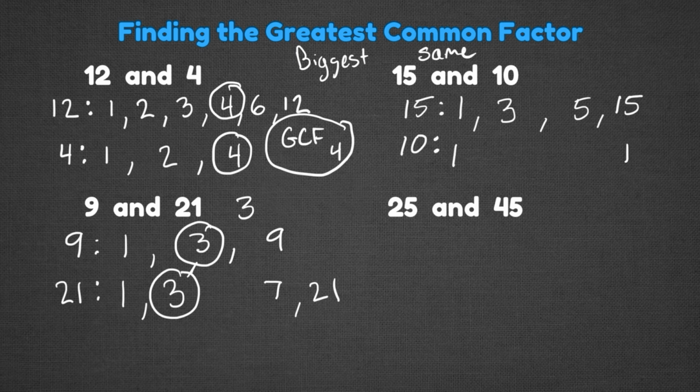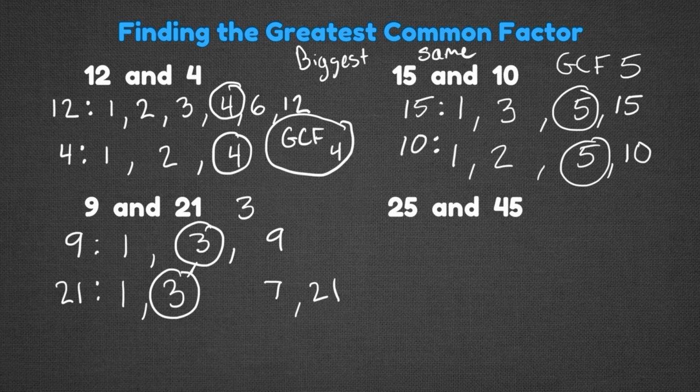For 10, we have 1 and 10, 2 and 5, 3 and 4 are not factors, so that is all we got. And I'm looking for the biggest same number, and that would be 5. So the greatest common factor of 15 and 10 is 5.